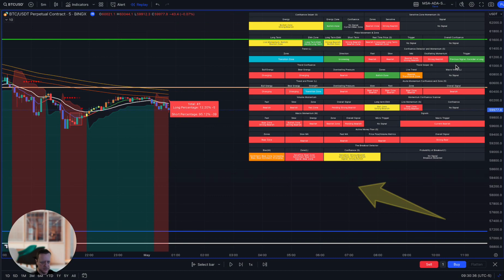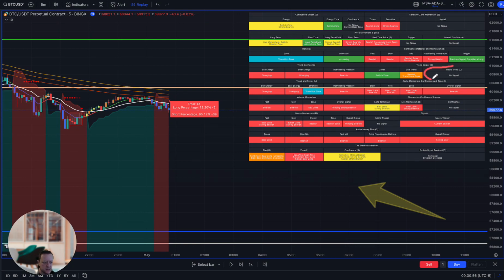I think a lot of us have learned we like to look at what's going on with the trend sniper. I think the most authoritative part of this particular KPI is the macro trend. If we get a signal, usually that's a good thing.